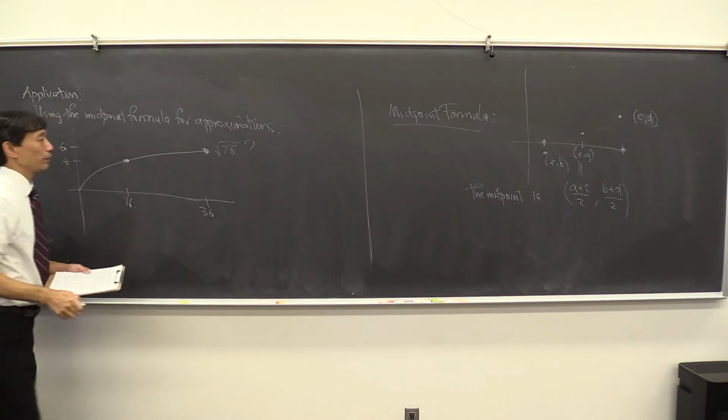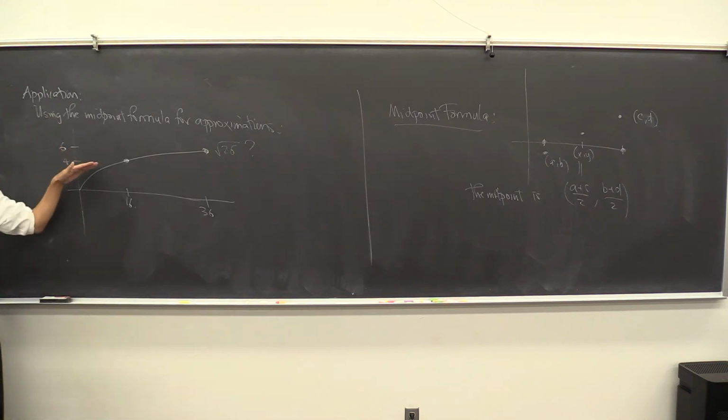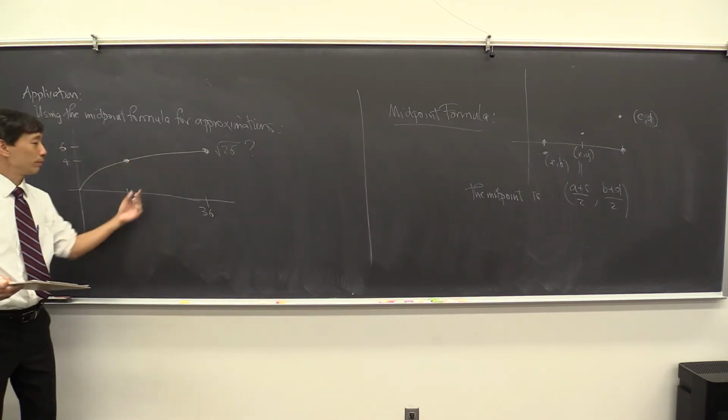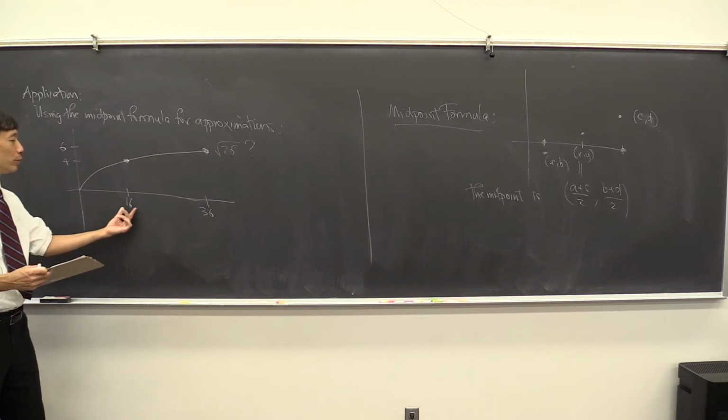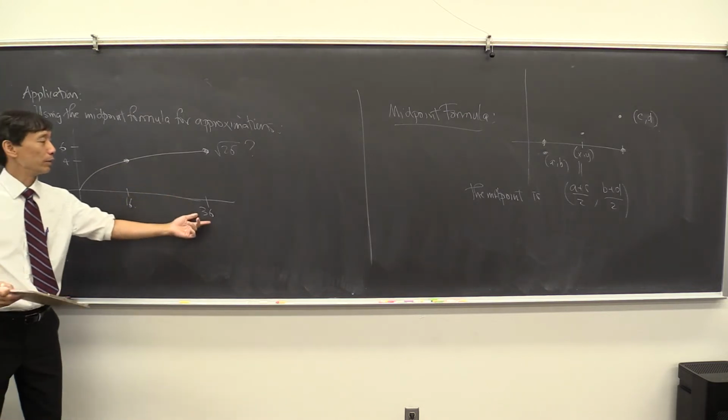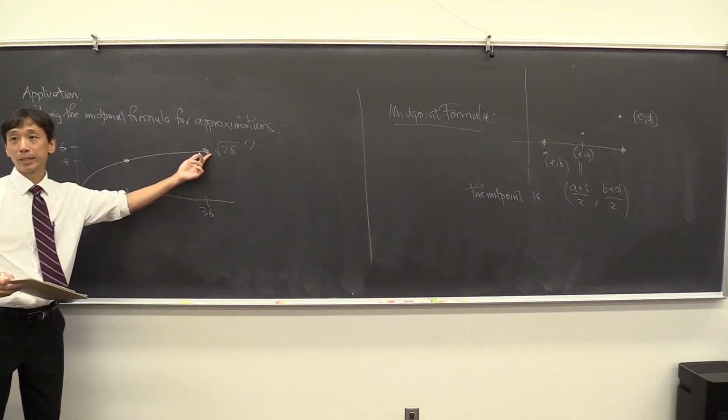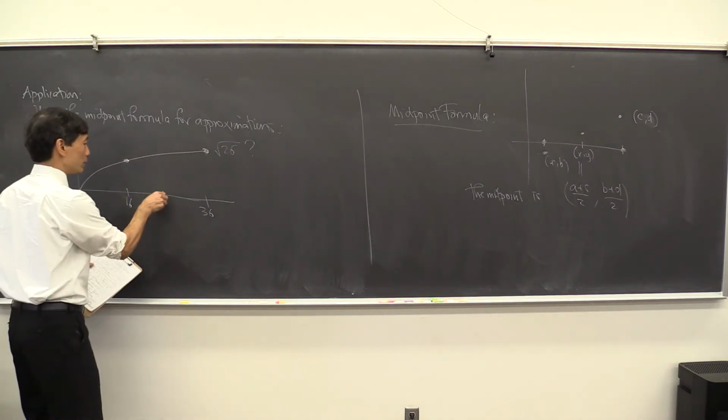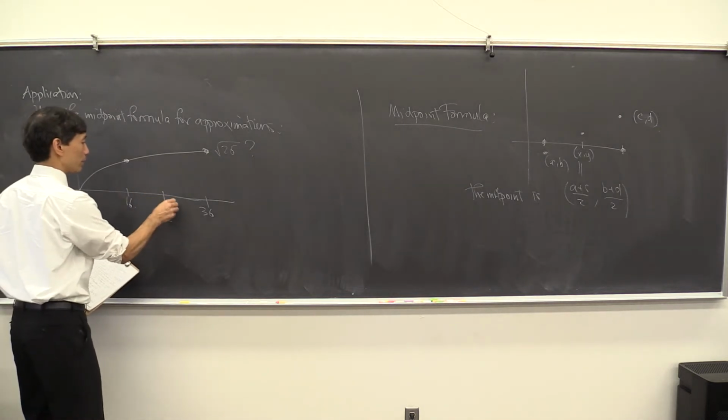Okay. So you've got these points on the square root function. Well, you know that the square root of 16 is 4. The square root of 36 is 6, right? And you want to know the square root of 26.